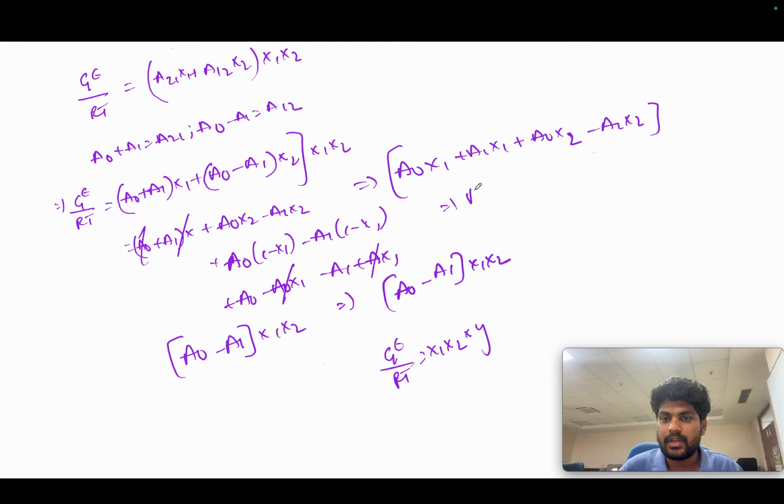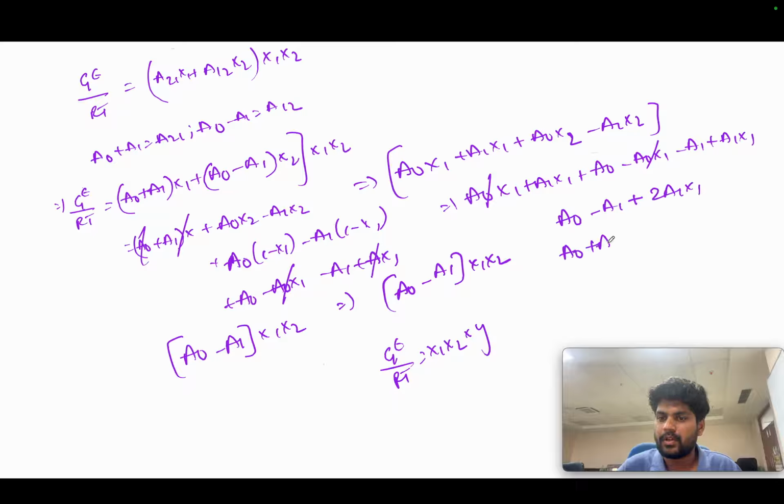So this will be as a0 x1 plus a1 x1 plus a0 minus a0 x1 minus a1 plus a1 x1. Sorry, this is the one that can get cancelled. Then we have the equation of 2x1 minus 1.